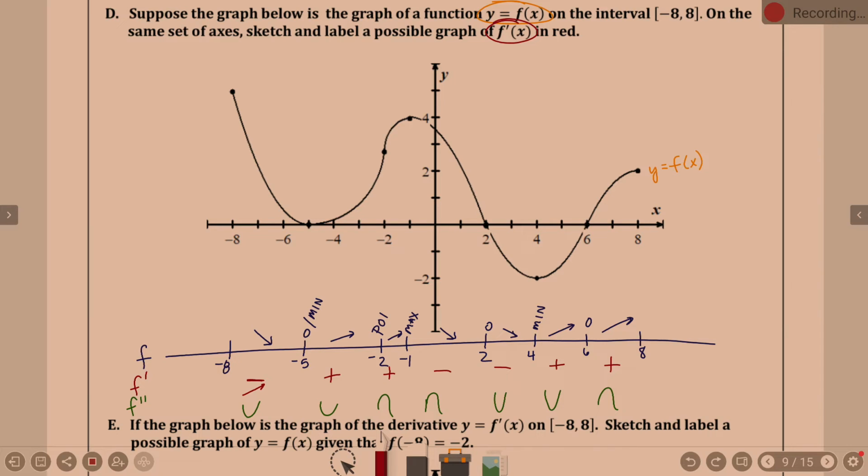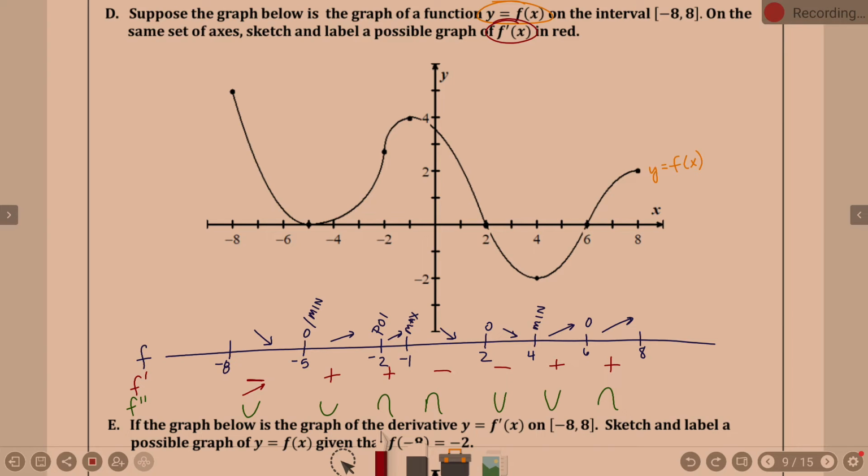Why is 6 to 8 concave down? Right here? No, the derivative, or the second derivative. Okay, the second derivative tells us about concavity.